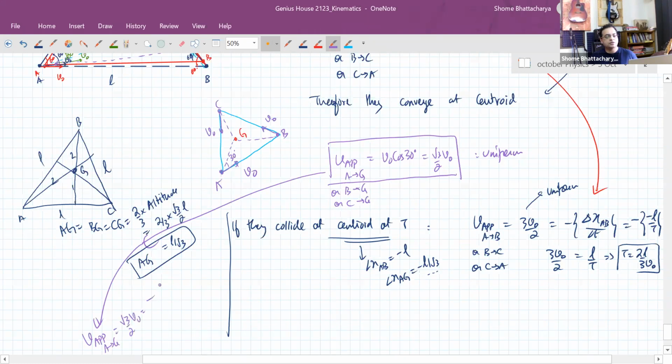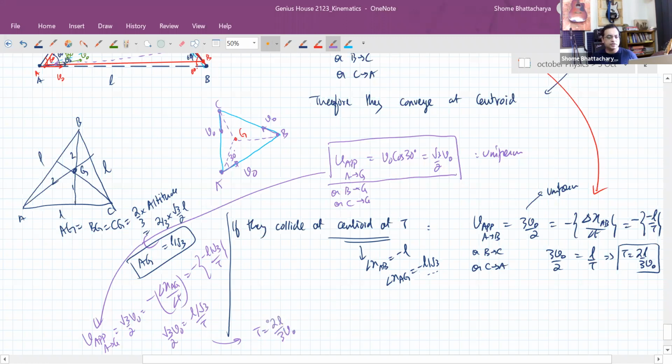So that should be equal to delta x between A and G, which is L by root 3, divided by the time. So again, you can see that root 3 by 2 V naught should be equal to L by root 3 upon time. So you will get the same relation, that time is equal to 2L by 3 V naught.